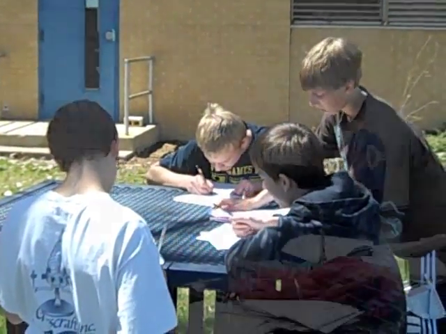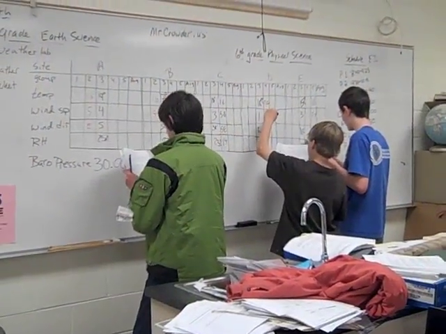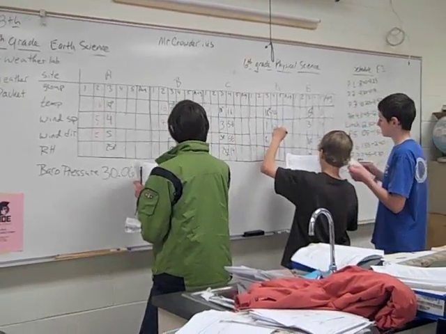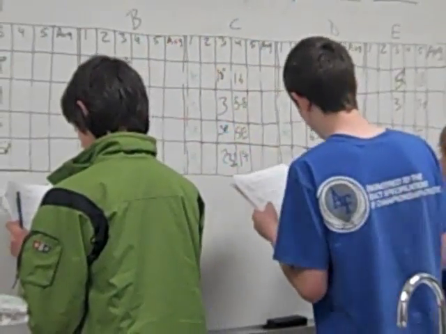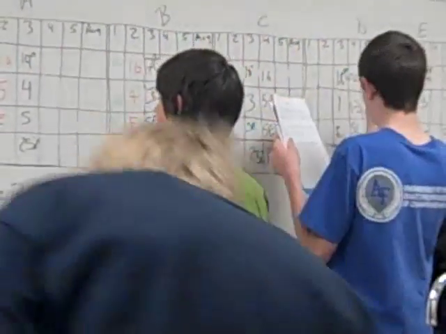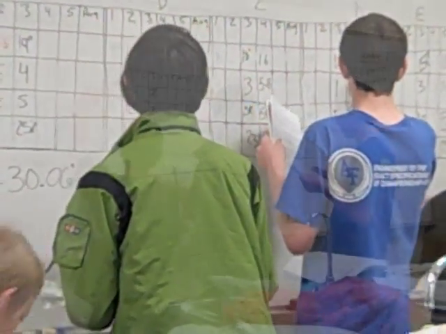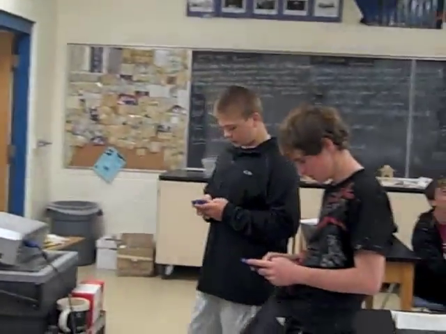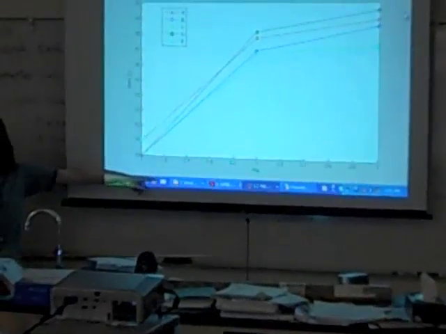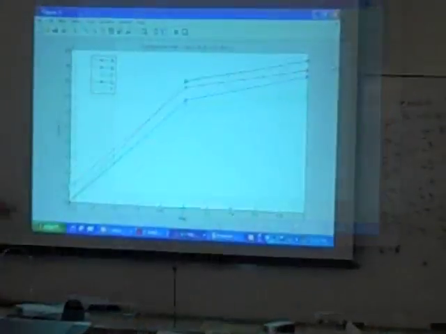One of the things that stands out in my mind is when you showed a 3-dimensional graph. Do you want to talk about that for a second? Like, how did it fit the different components together to show a result? So the 3 things that students were looking at were temperature, relative humidity, and wind speed. And so that 3-dimensional graph put each one of those variables on a different axis.